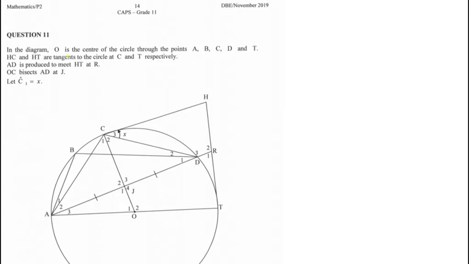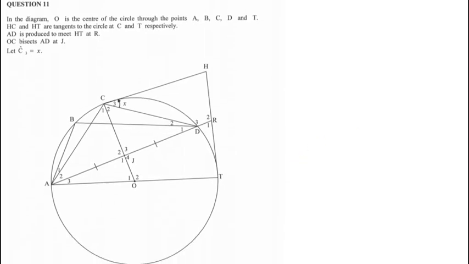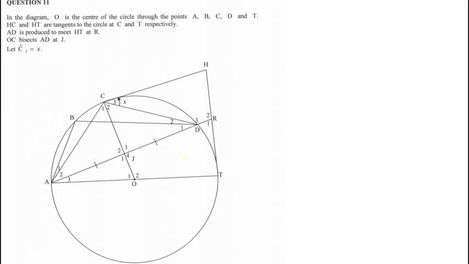In the diagram, O is the center of the circle passing through points A, B, C, D, and T. So what they're doing now is just naming our circle. That's all that they're doing. They're telling us that this circle has these points A, B, C, D, and T on its circumference.